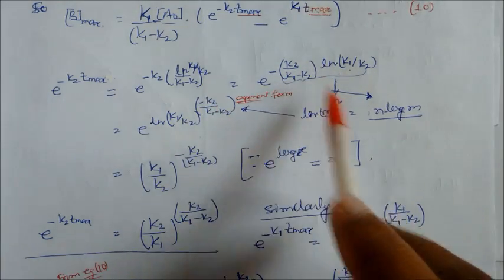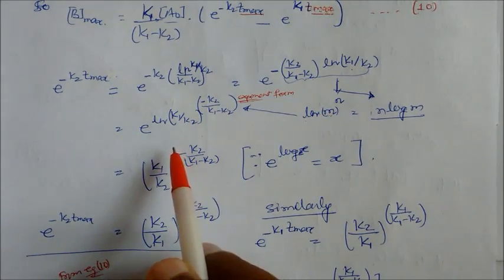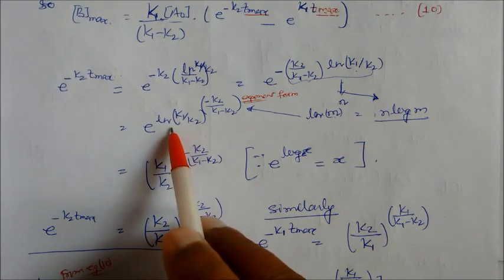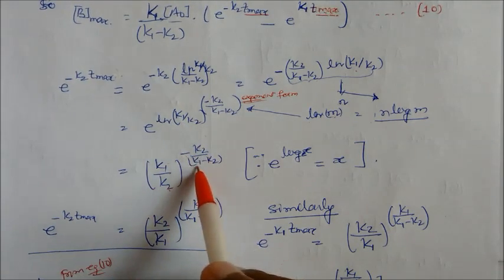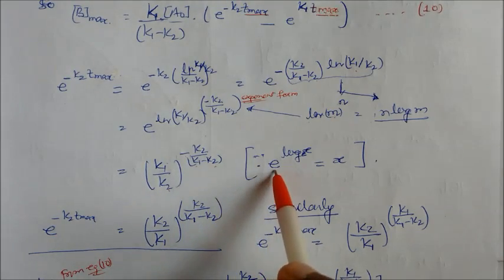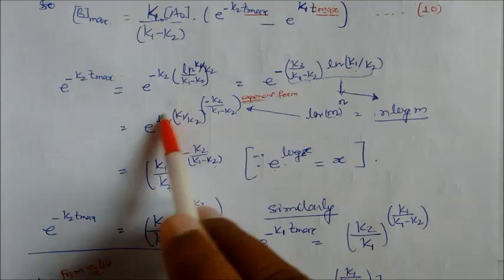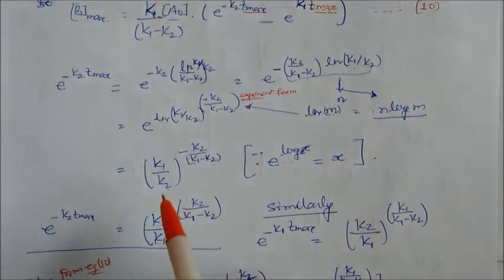Now we can remove the e natural: the value is converted into k1 by k2 to the power minus k2 by k1 minus k2, because e to the power log x, that is natural log x, is equal to x. So the whole value is equal to this from the mathematical point of view.